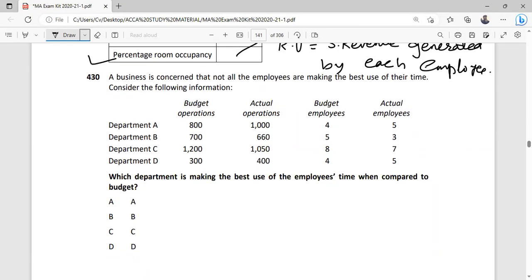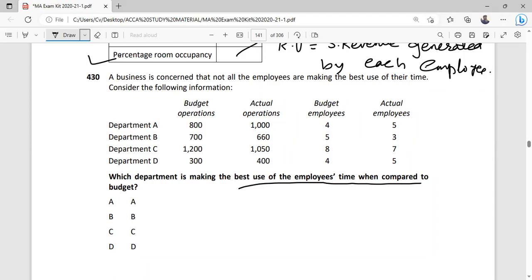A business is concerned that not all the employees are making the best use of their time. Considering the following information, there are four departments: budgeted operations, actual operations, budgeted employees, and actual employees. Which department is making the best use of employee time when compared to budget? So you can calculate number of operations done by each department.